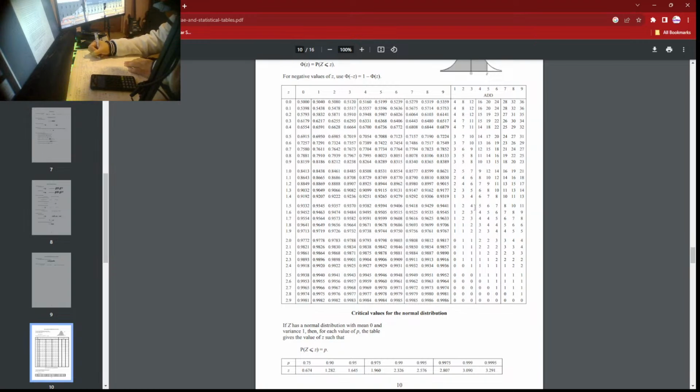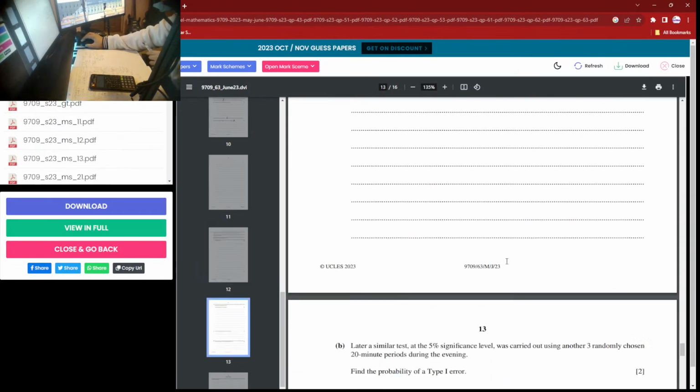Therefore, reject H naught as sufficient evidence to support that the number of people using the footpath has increased. Okay, moving on to B.